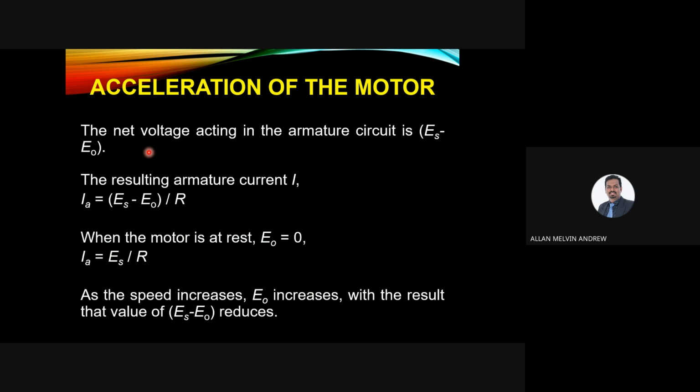So the resulting armature current IA equals ES minus E0, over R. When the motor is at rest, EO is 0. So when we replace 0 here, we get IA equals ES over R.